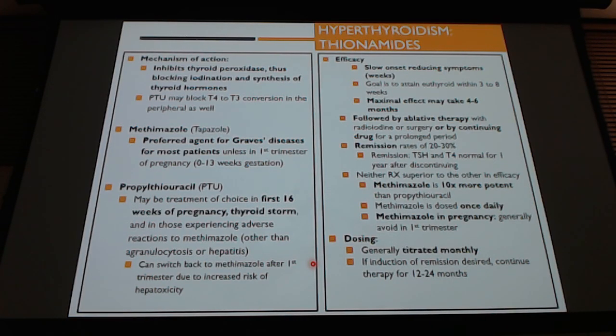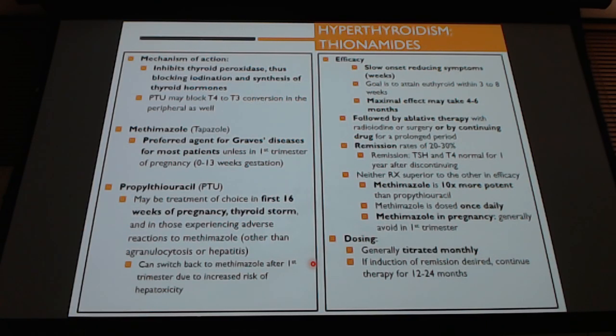When you're talking about your methimazole, that is usually what we like to use. It's a great medication, and most of your patients tolerate and start with methimazole. In certain situations, like if your person is in that first trimester or their first 16 weeks of pregnancy, or when we're talking about a thyroid storm, you will see that we like to use our PTU instead, okay? So making sure that you understand that your PTU, we like it in our pregnant women.